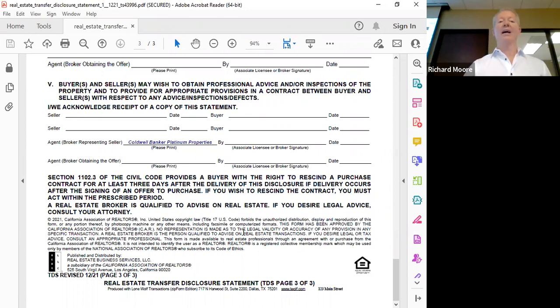And then are sellers required to complete a separate smoke detector and water heater bracing compliance form? No, they're not, because page 2 has the language in there. So if somebody's exempt from the TDS, then we would need that separate disclosure. And then also it talks about carbon monoxide devices. Carbon monoxide devices are not a point of sale requirement, even though it's required by law.